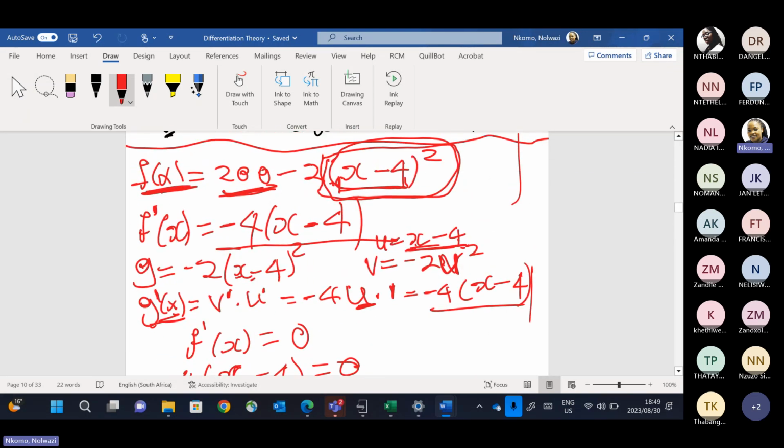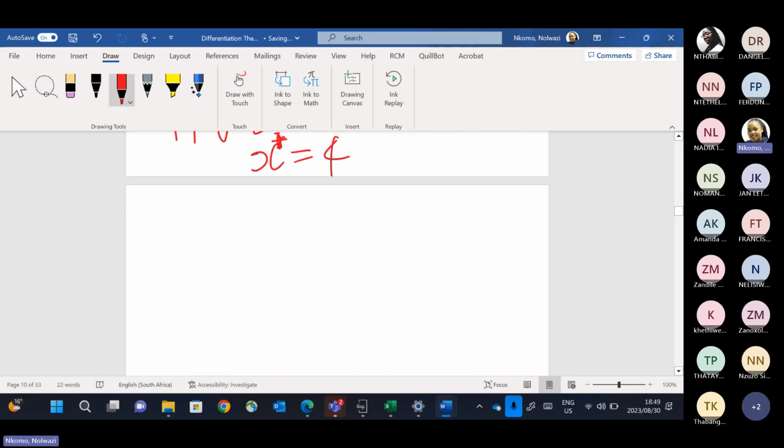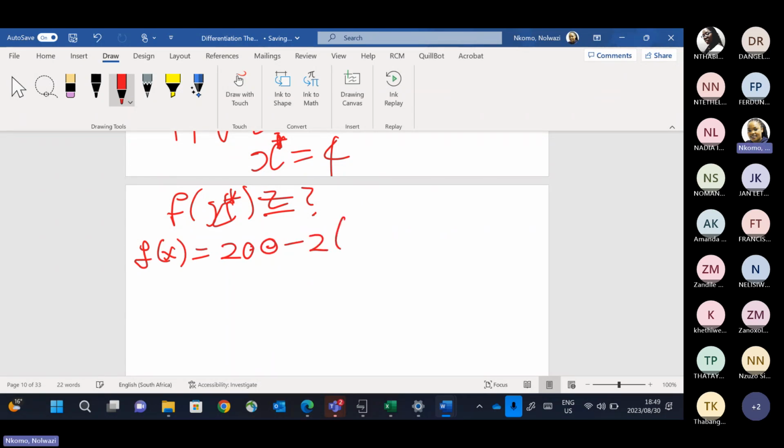Our f at x original function is this. We need to substitute x star there to find f at x star. Okay, we know that f at x is equal to 200 minus 2 times x minus 4 all squared.